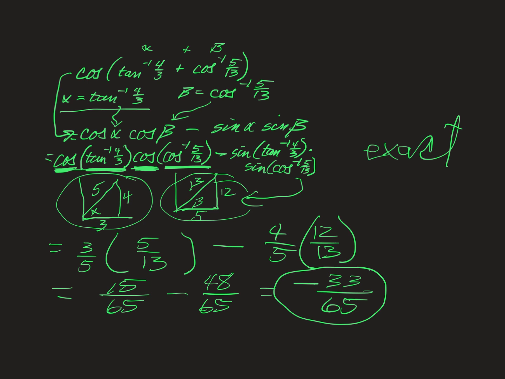Now, the one thing you need to remember is if this had been like the inverse cosine of negative 5/13, you have to remember that's going to be a quadrant 2 angle, because inverse cosine goes from 0 to pi, and I'll have negative ratios in the second quadrant. So you got to remember quadrants in case they give you problems like that.